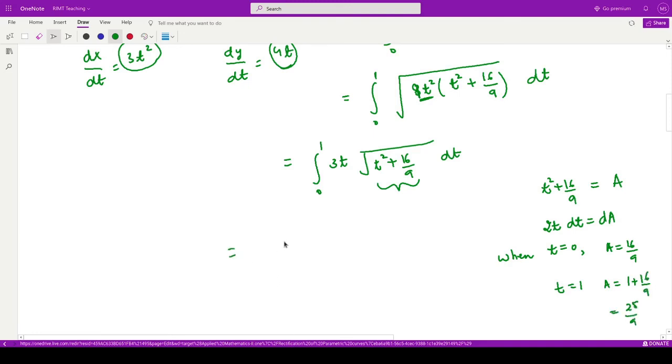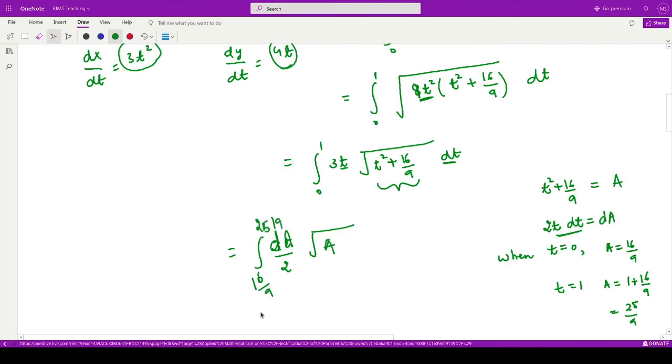So this quantity becomes 3 times t dt, which is dA divided by 2, and the square root of t square plus 16 by 9 becomes square root of a, and limits now change from 16 by 9 to 25 by 9.